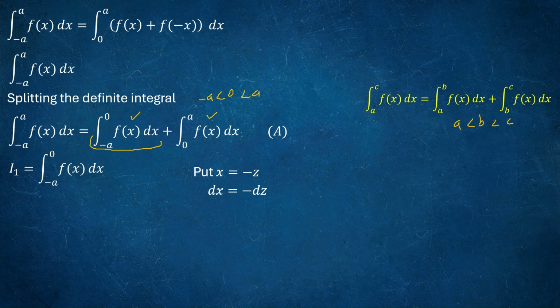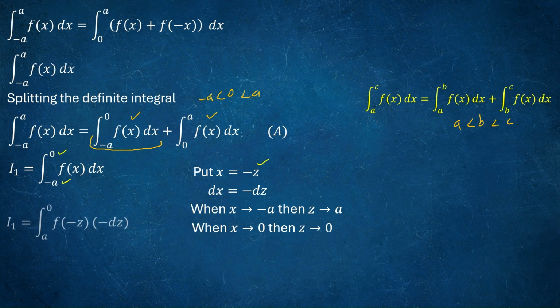As we have introduced a new variable z, so the limits of integration will also be according to the new variable z. So when x approaches minus a, then z approaches a. And when x approaches 0, then z approaches 0. So the integral I1 can be written as a to 0 f of minus z into minus dz.